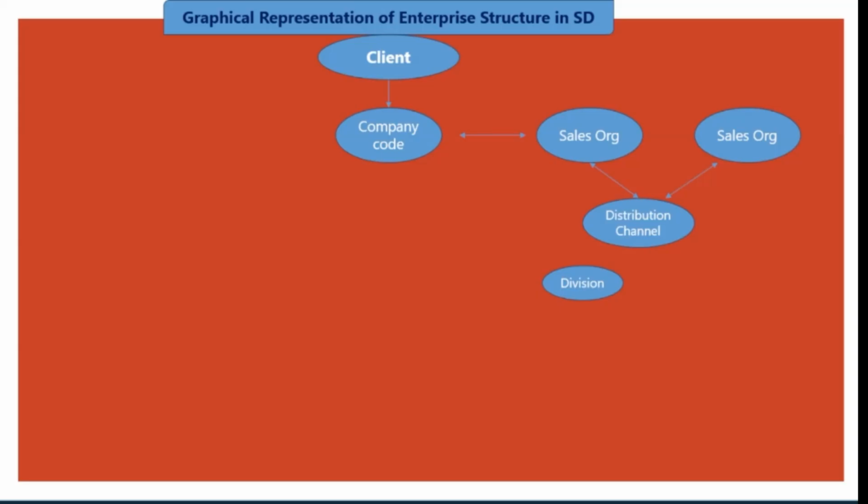A division is also one of the rules used by SAP to determine the sales area. By assigning the division to the sales organization, we set up a rule in SAP that controls which product divisions a sales organization can and cannot sell from.